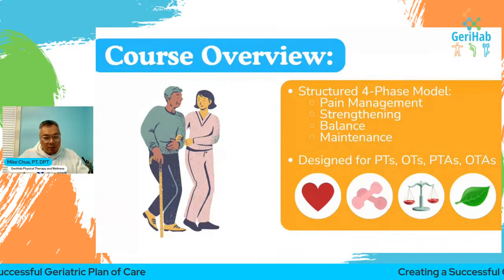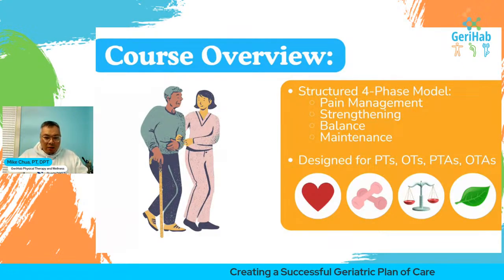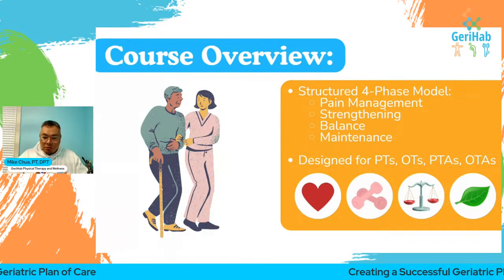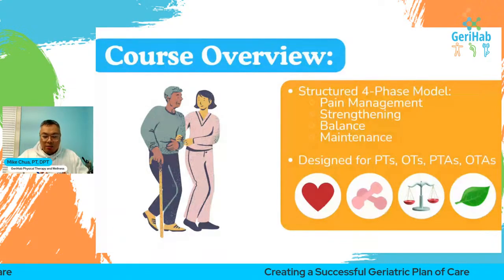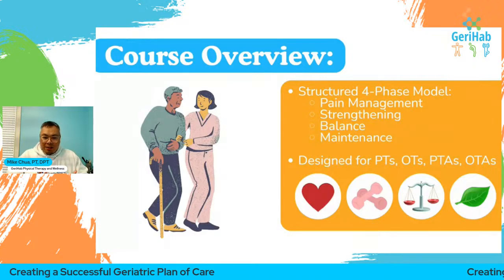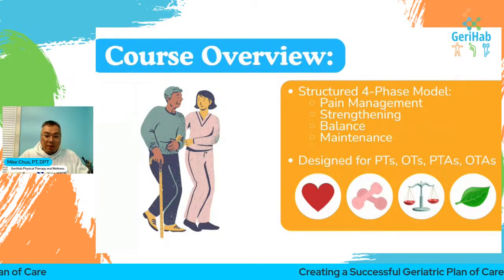Most of our geriatric patients have Medicare. Medicare Advantage plans are supposed to follow the Medicare standard of care. Medicare would like to tell us, hey, maintenance therapy is the way to go. You need to take care of our patients. But on that same note, we need to have a structured plan of care.